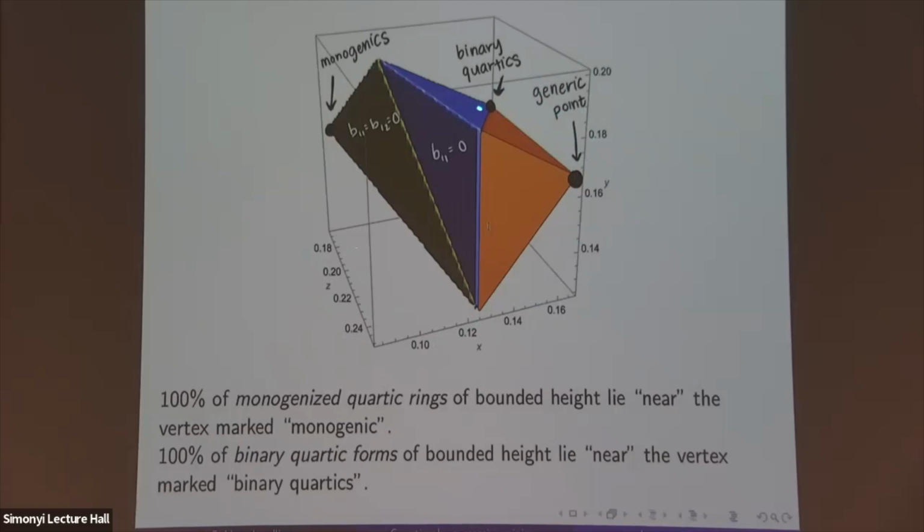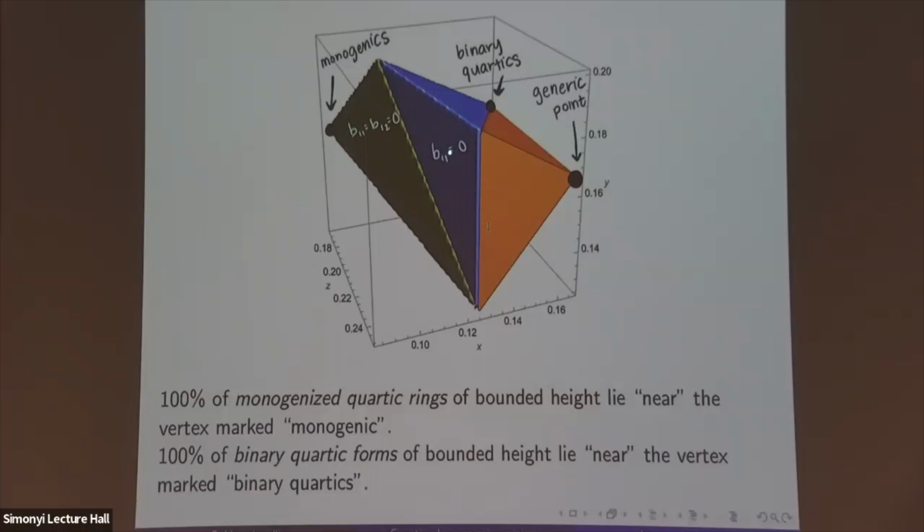And these three other vertices that I've left unmarked also have algebraic interpretations in terms of having different basis structures, but I haven't written them here. And for those of you who are interested in arithmetic statistics, probably a large proportion of this audience, you often hear the word cusp. In particular, if you look at the parametrization of quartic rings, quartic rings are parameterized by tuples of symmetric matrices, A comma B. And the first cusp is when B11 is 0, and deeper in the cusp is when B11 equals B12 equals 0.